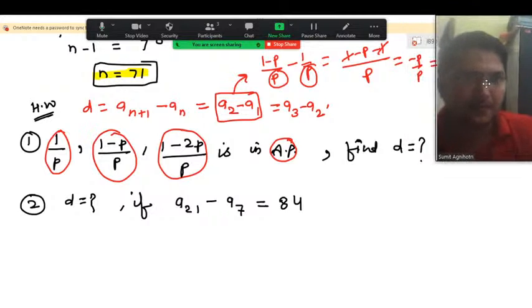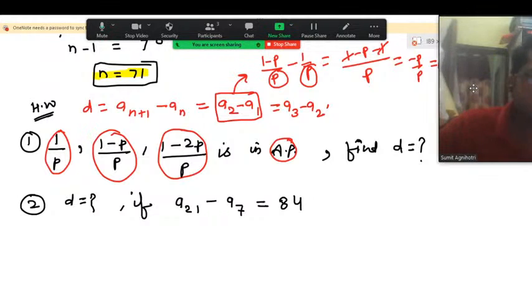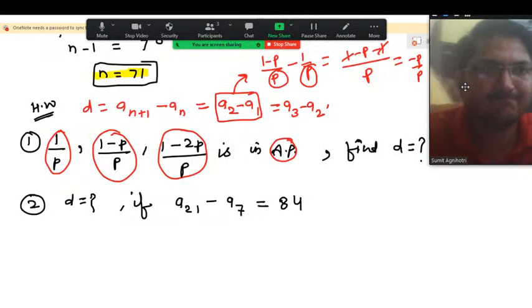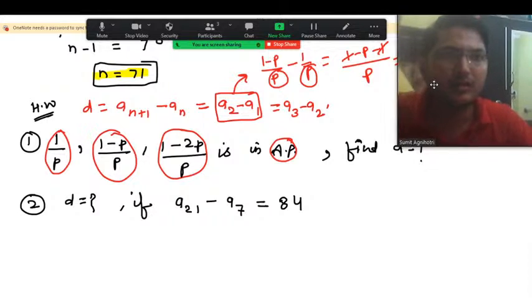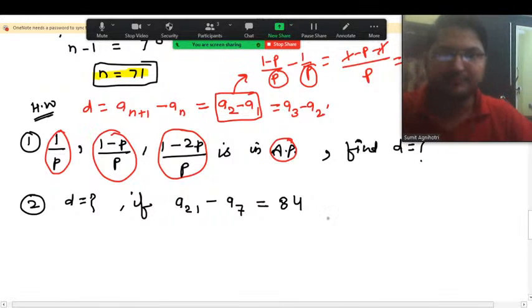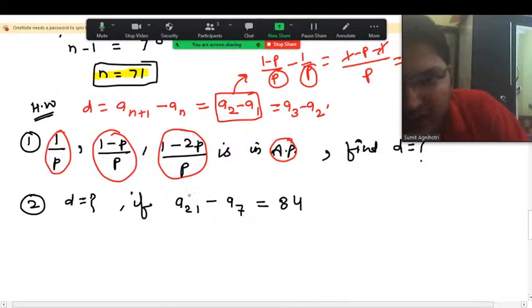Okay, now we have one more question to solve. Here as well we want d. We are supposed to figure out what to write in the place of a21, and what to write in the place of a7.